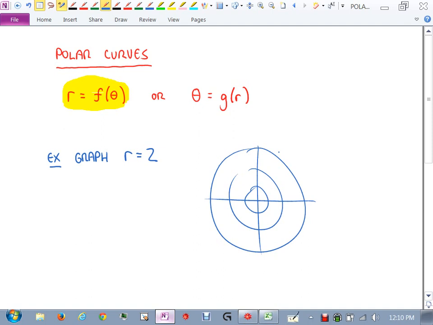You need to label what radius 2 is going to be to you. So maybe you go 1 here, and that's 2, right? This is just saying your radius is always 2. And your theta can be whatever. So let your radius be fixed at 2, and now keep changing your theta and keep your radius. You can draw a circle of radius 2.